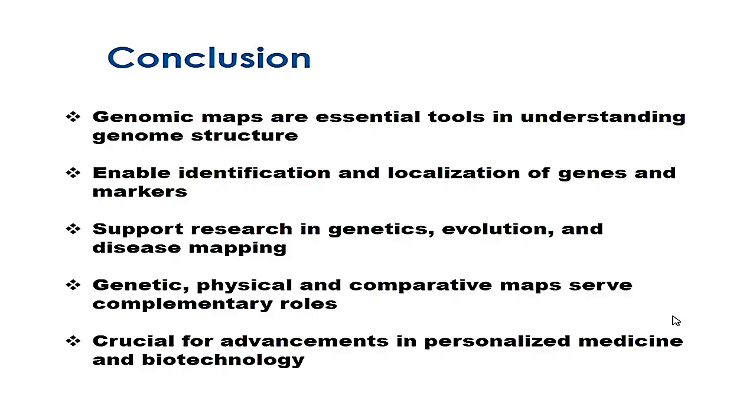Genetic, physical and comparative maps, all the three types we have seen, serve complementary roles, because all three are interrelated. All three can be used to understand the genetic information of various species. And these maps are very crucial for advancements in personalized medicine as well as in biotechnology.